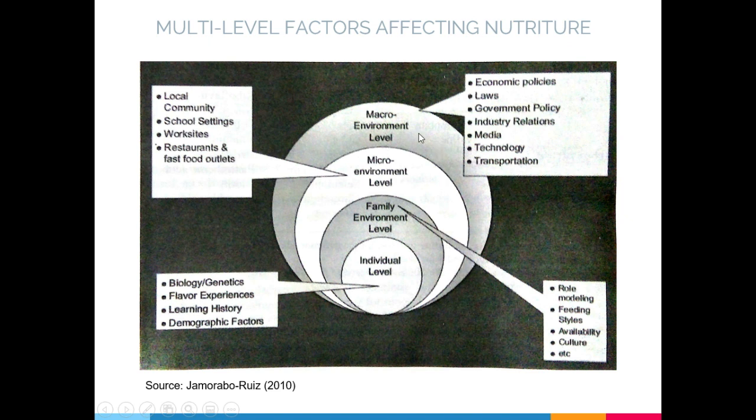Okay? Mao ni sila ang pinakadakog scope, kumbaga. Okay? An example of this is laws. Like, naay mga legislations karon that would promote the nutritional status of the people. Like, naay mga laws about breastfeeding para ma-promote ang nutritional status sa bata as well as sa inahan.